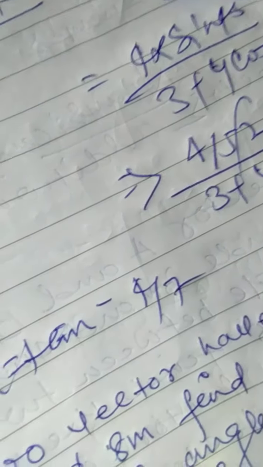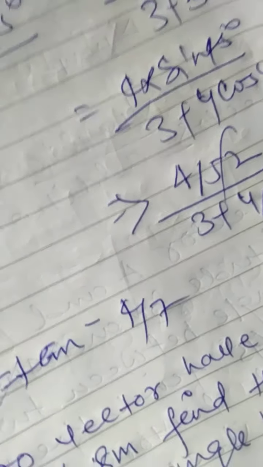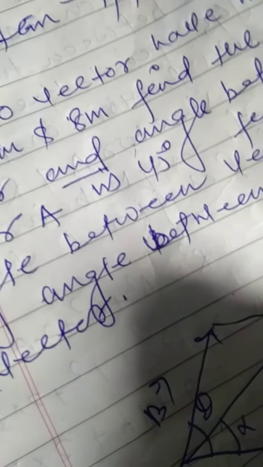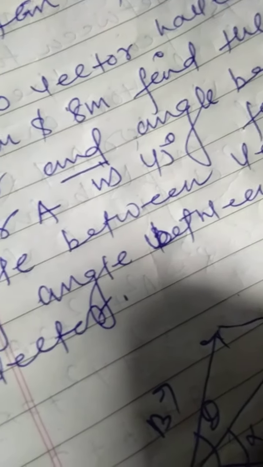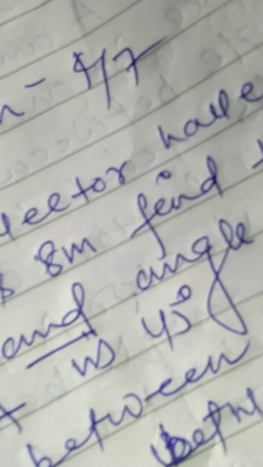This is the diagonal of this one, this is alpha, this is theta, and this one is B sin theta, and this one is B cos theta.